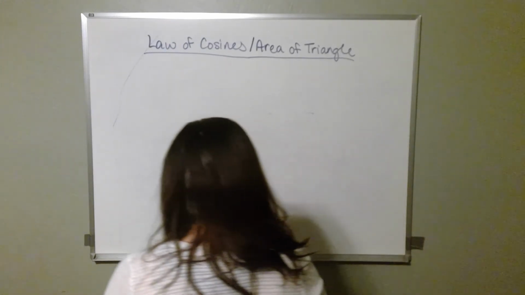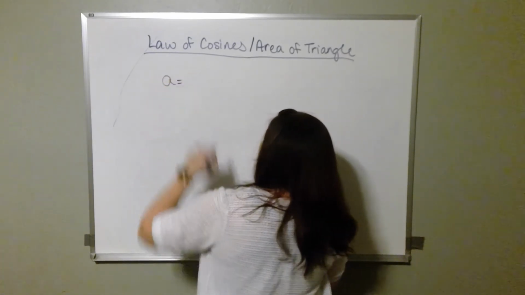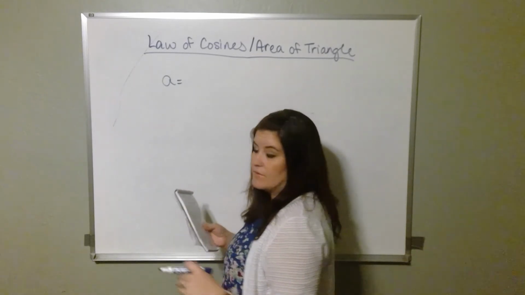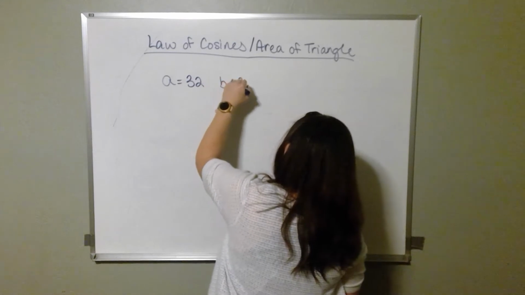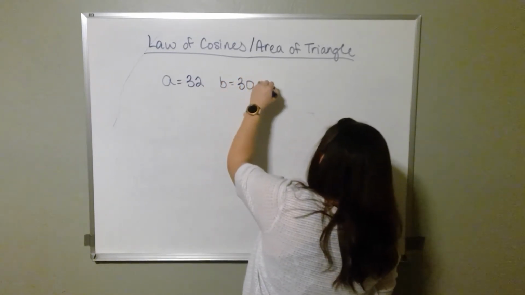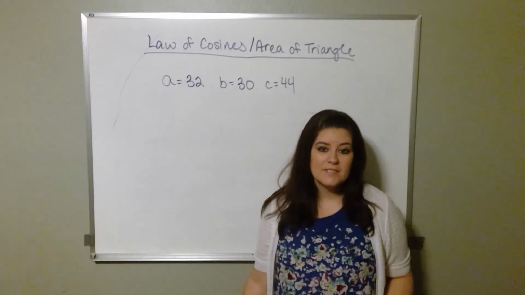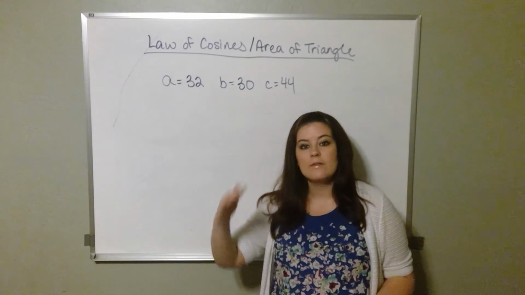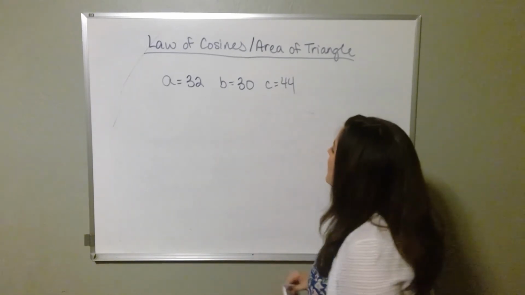The issue that arises on this question is that it gives me all three sides, but it doesn't give me any of the angles. So I have A equals 32, B equals 30, and C equals 44. So I have to decide which angle to solve for, and then I'll find that angle in the version of the formula I'm going to use.